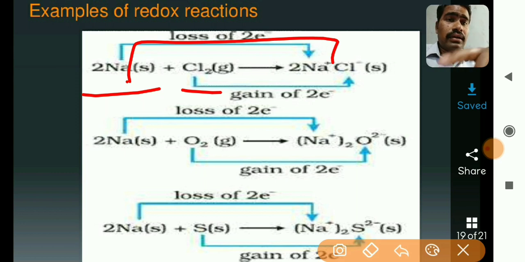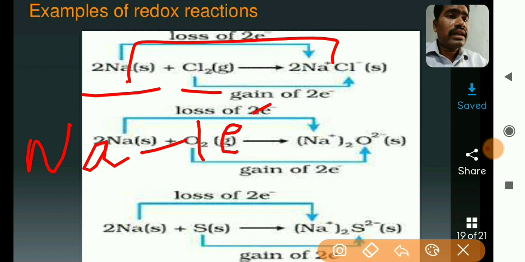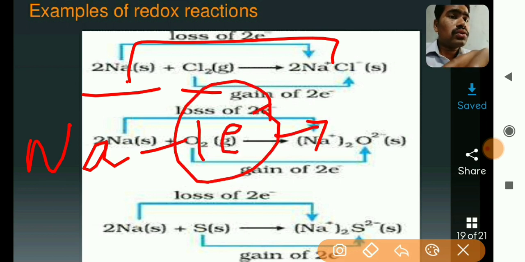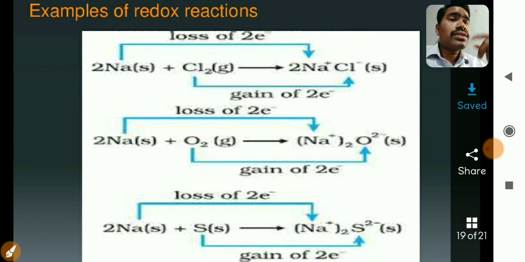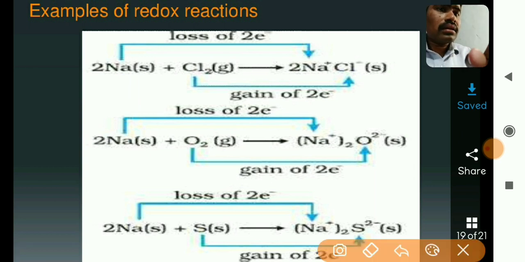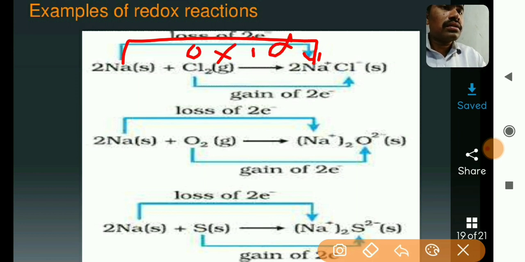As I defined earlier, Na minus 1 electron, because of this 1 electron lost, it is converted into Na plus. So you can see that Na is converted to Na plus. It means that it is loss of electrons. That means this is an oxidation. So Na has become Na plus. This is oxidation.